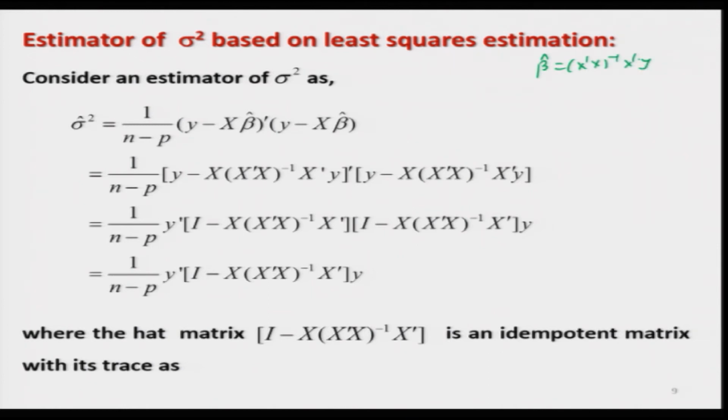But when we try to estimate the parameter sigma square, there is no such formal procedure where you write the sum of squares due to error and differentiate it.